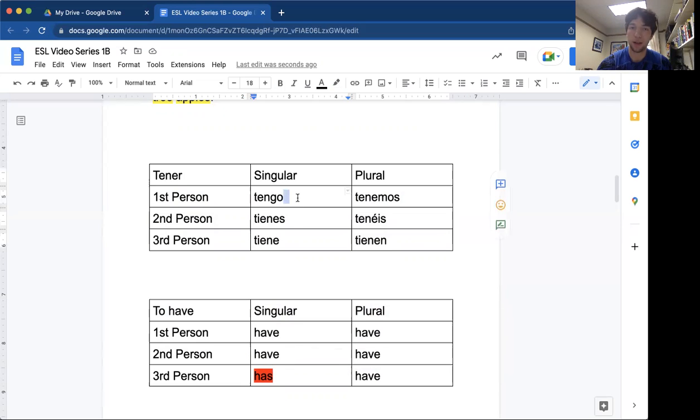Now, when you look at other languages, and we'll use Spanish as an example: tengo, tienes, tiene, tenemos, tenéis, tienen. There's a unique and distinct conjugation for each of these six possibilities.